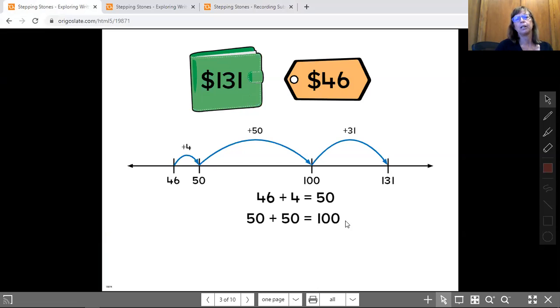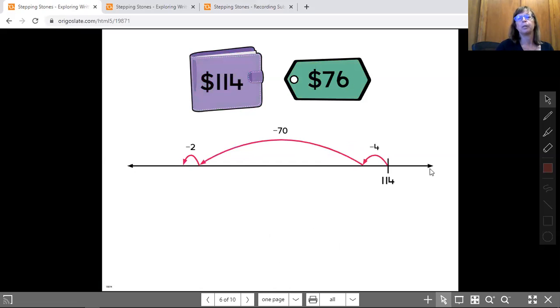We're at a nice round number. And then our next step will be to get to 131, which will give us our 31. And then we just add up those numbers, 4, 50 and 31, to give us 85. Okay, that's by jumping forwards.